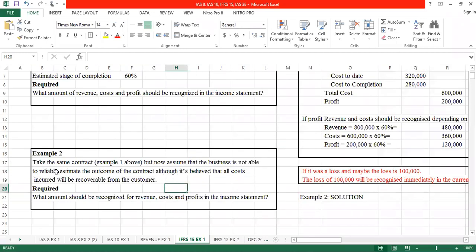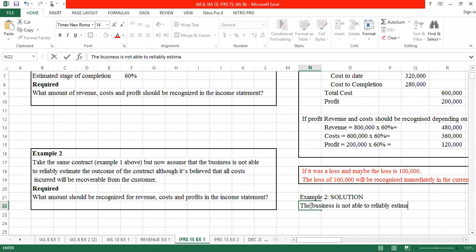Take the same contract example 1 above, but now assume that the business is not able to reliably estimate whether it will be a profit or a loss.